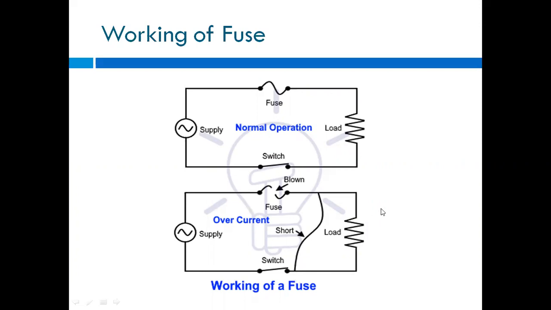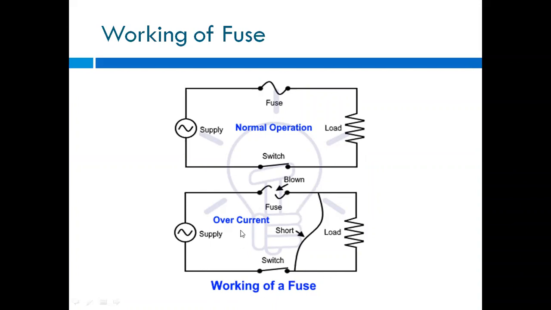Very simple. When very high current flows, or over current is there, if a short circuit happens, very high current will flow. Every fuse has some rating. So if the current flowing through the circuit reaches above the rated current, then this fuse blows out and disconnects the circuit.